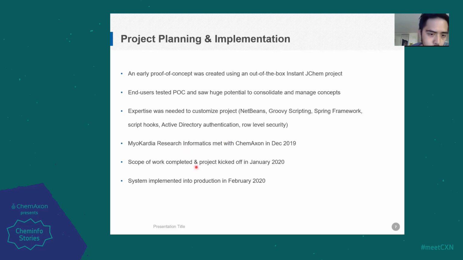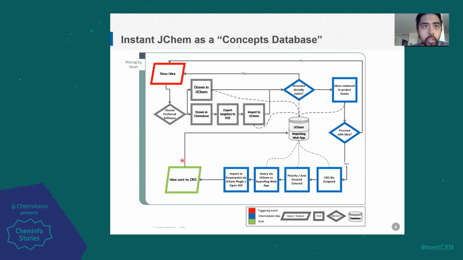We got back from Christmas holiday, and we actually kicked the project off in mid-January, having completed a scope of work. Lucas was very good at working with us. We built another proof of concept in our development environment, and we actually implemented the entire system into production by mid-February.